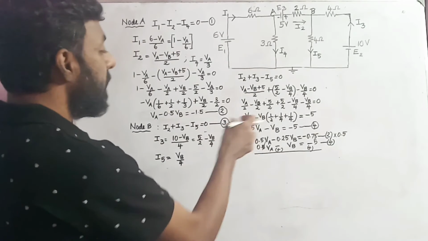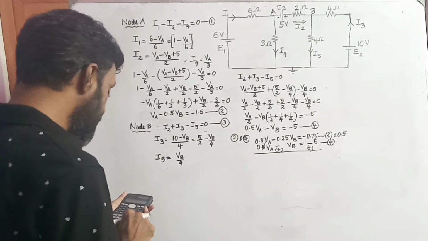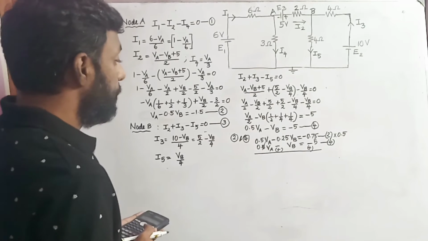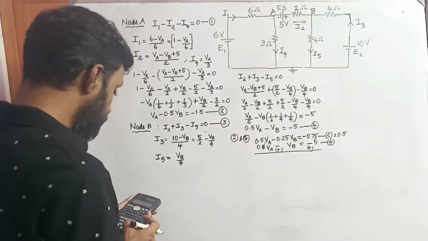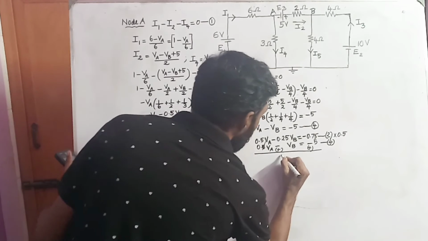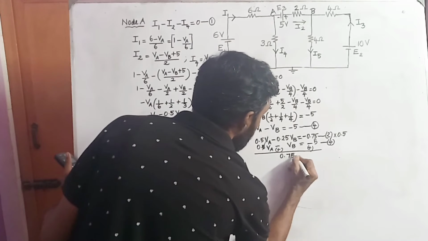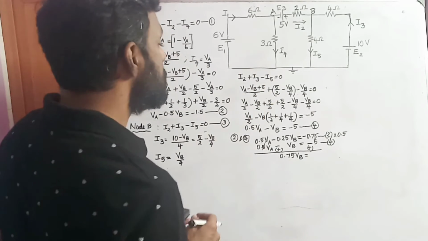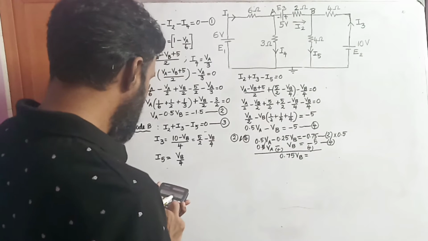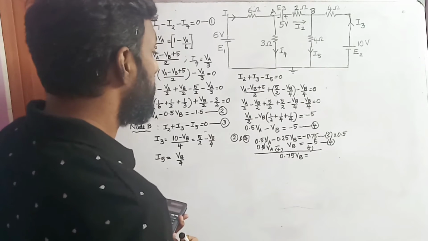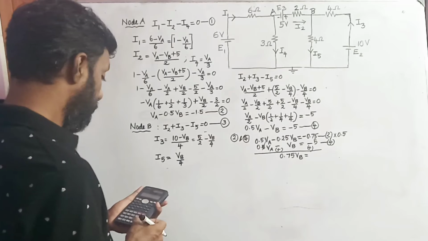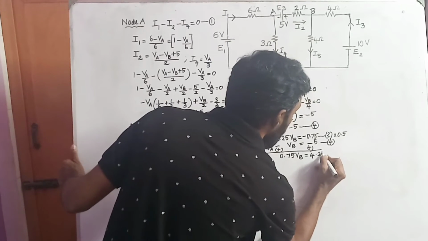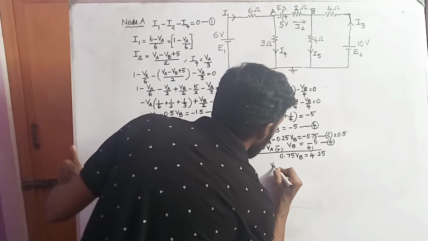I get 1 minus 0.25, which is 0.75 VB, equal to 5 minus 0.75, which is 4.25.